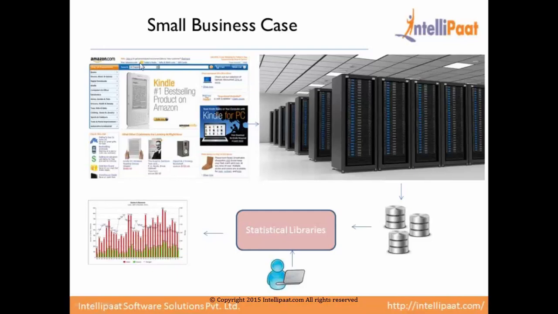For example, I'm just taking an example here: some e-commerce website. This website is collecting loads of data, and you cannot go and completely analyze all the customers who are visiting this Amazon site, having millions of products and different product categories.